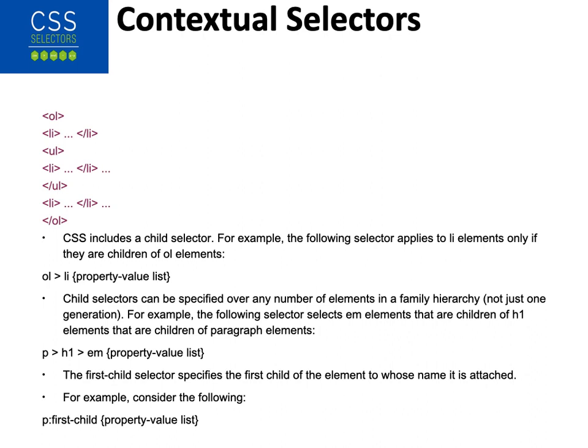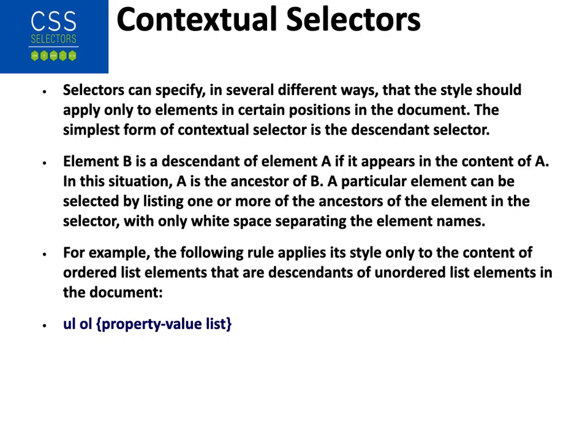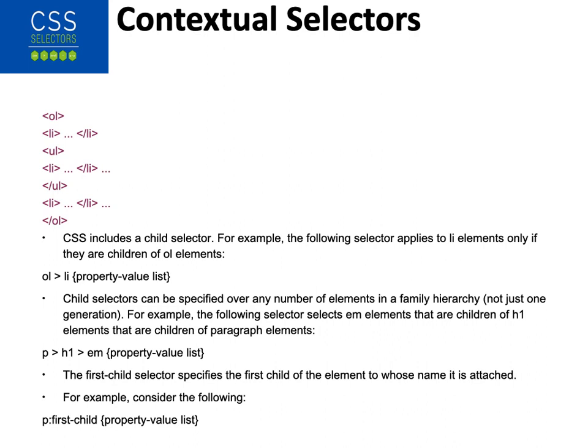In that case, only the UL part has that specified style because UL is the descendant of OL. In the previous example, UL is the ancestor and OL is the descendant, so that property value list is applicable to OL only. In this example, it is reversed. OL is the parent tag and UL is the child tag. So ancestor is OL and UL is the descendant. That's why it is applicable to UL tags only.